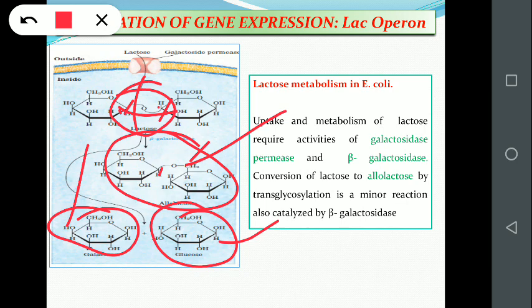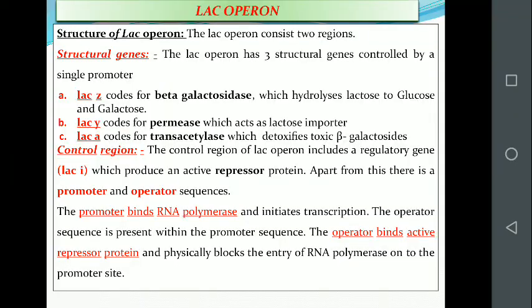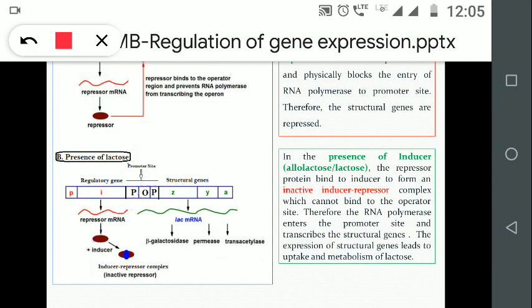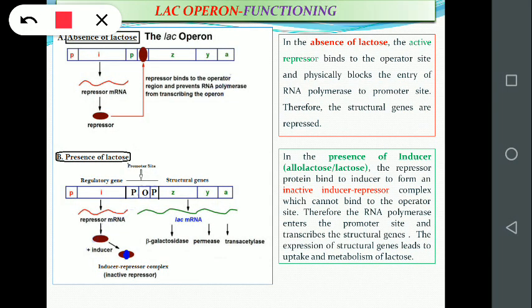So allolactose is formed. Now this allolactose acts as an inducer, which means it will induce the structural genes, it will switch on the structural genes. How will they switch on the structural genes? The inducer will inactivate the repressor. Here the inducer binds the repressor so that the repressor becomes inactive.